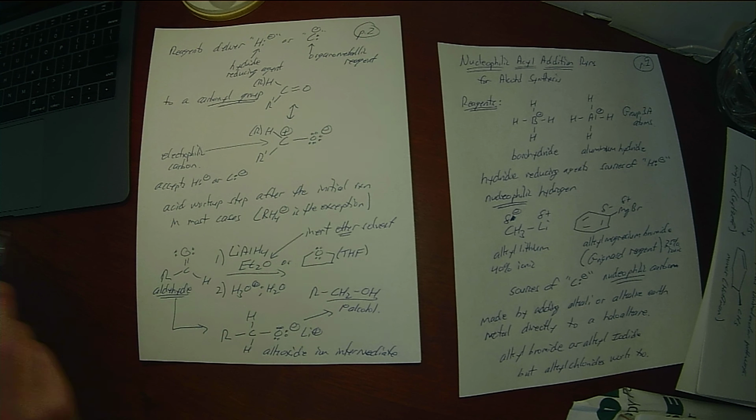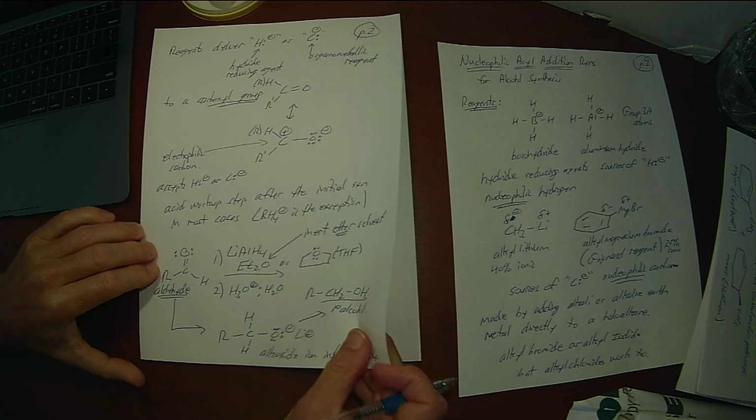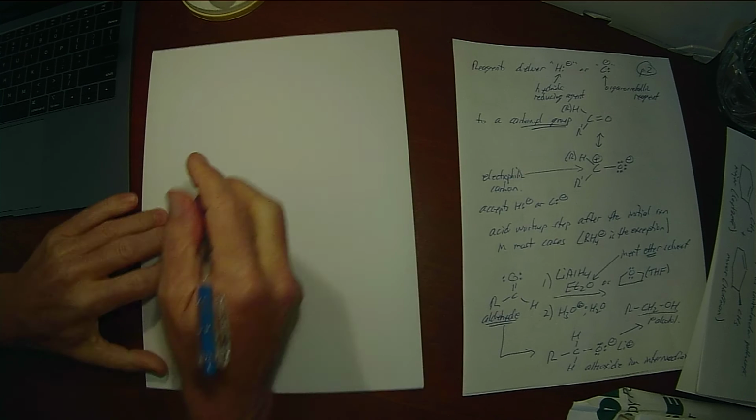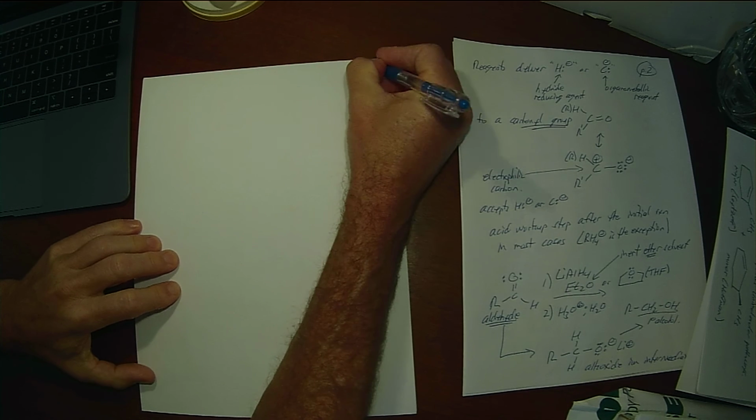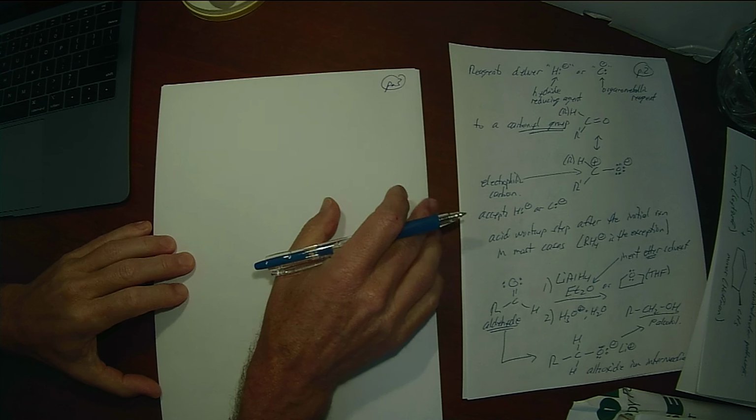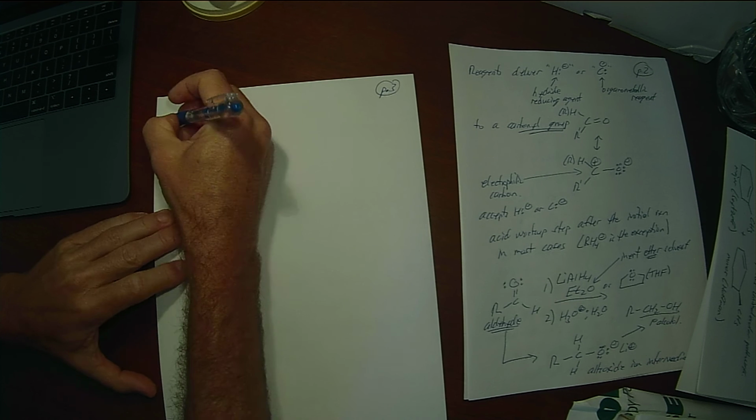So the starting material and the product differ. What type of alcohol you make depends on what starting material you start with. But in all cases, you're with a source of H minus or C minus, and the alcohol is a product.